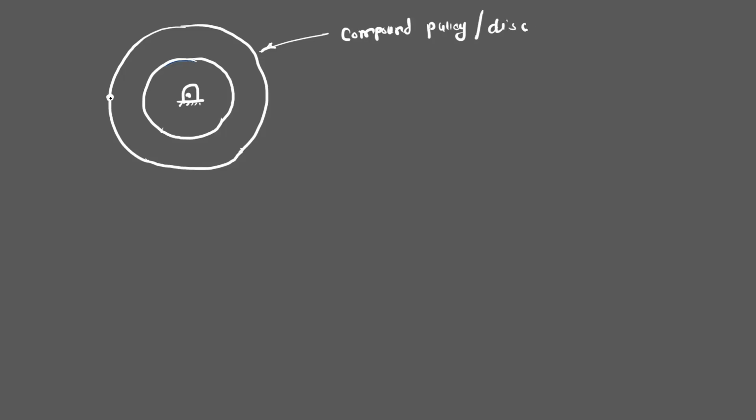One point on the circumference is connected to a spring and then to a fixed support like this. So it has the stiffness K.